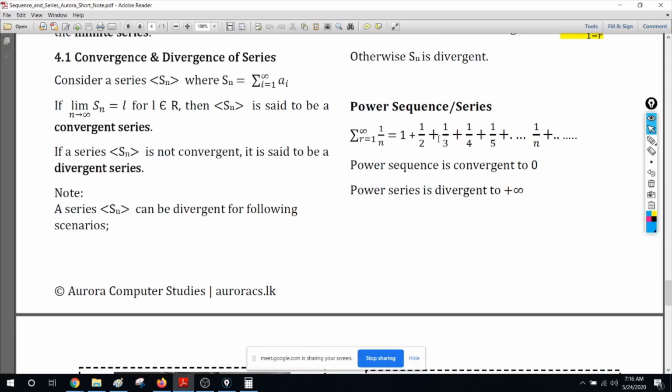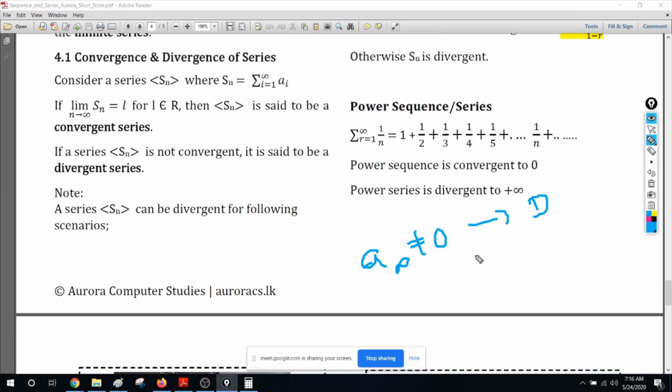Now remember, what does the divergence test say? Again, we have to look at that, because that is a very important thing to understand. The divergence test says if a infinity is not equal to 0, that is, the infinite term is not equal to 0, then it is divergent.